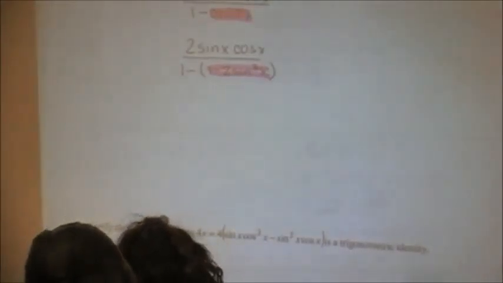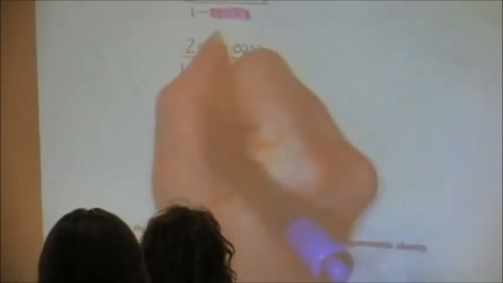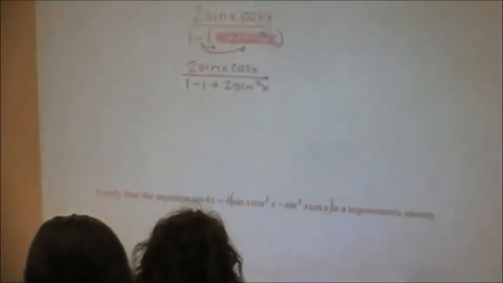So that's why the 1 minus is still there. Now, I have to distribute that negative. So I'm going to write that out so I don't lose anybody. Alright, what happens to 1 minus 1?